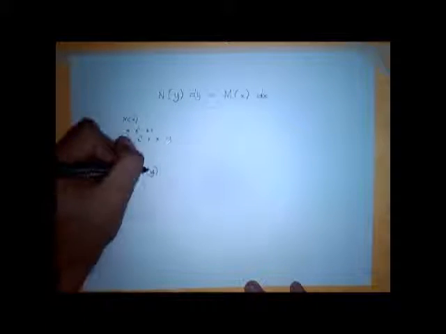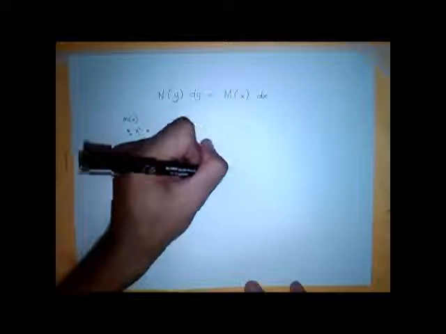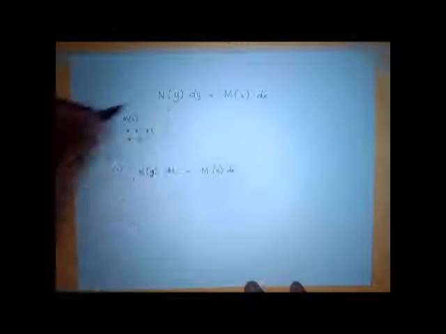And then the next thing to do is, yes, we have this equation, I'm just writing that equation. Okay, so that's it. The next thing to do is just integrate both sides.